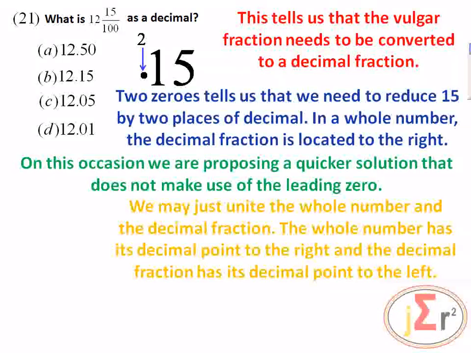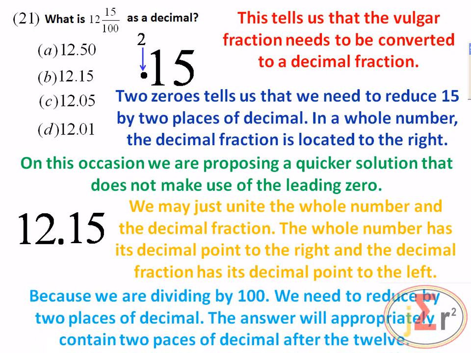The whole number has the decimal point to the right and the decimal fraction has its decimal point to the left. So we just put them together like that and we get 12.15.